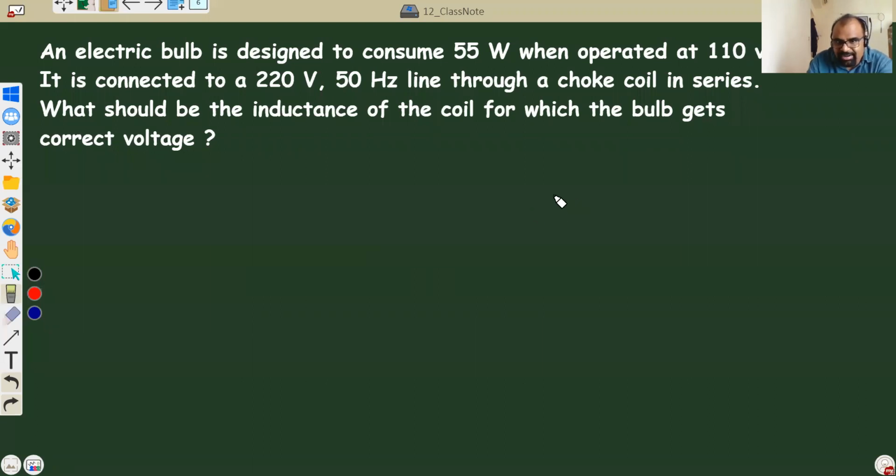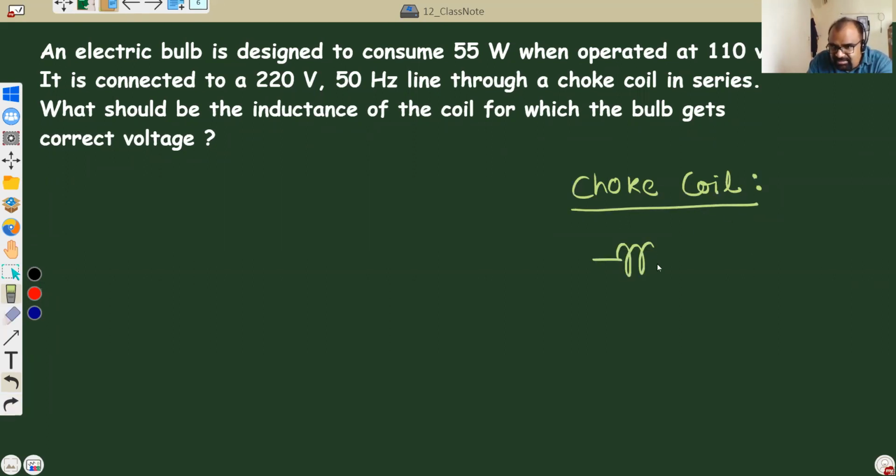So choke coil means that there is an inductor with inherent resistor.